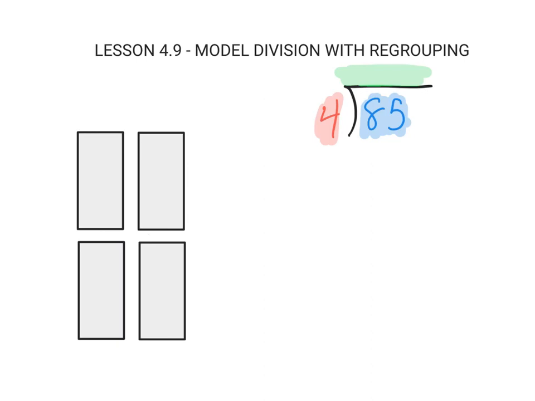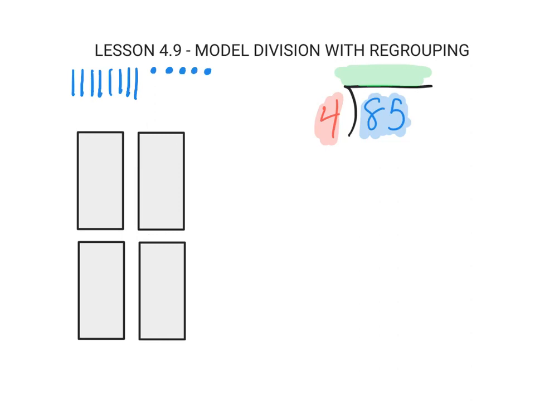So let's start off with 85. What is 85 written in tens and ones? Yeah, 8 tens: 1, 2, 3, 4, 5, 6, 7, 8, and 5 ones: 1, 2, 3, 4, 5. Cool.